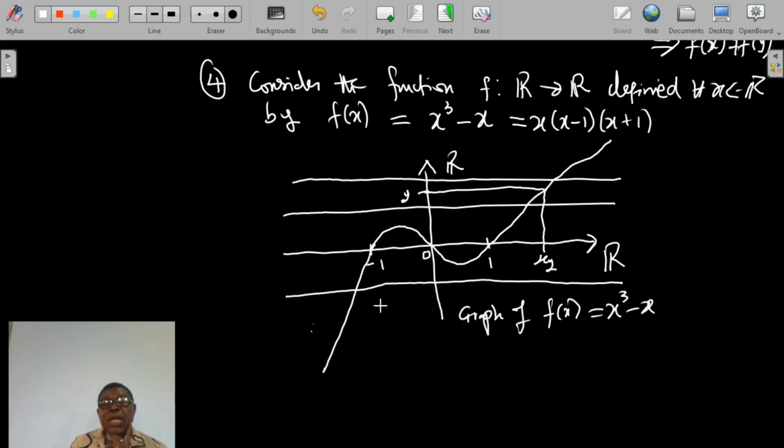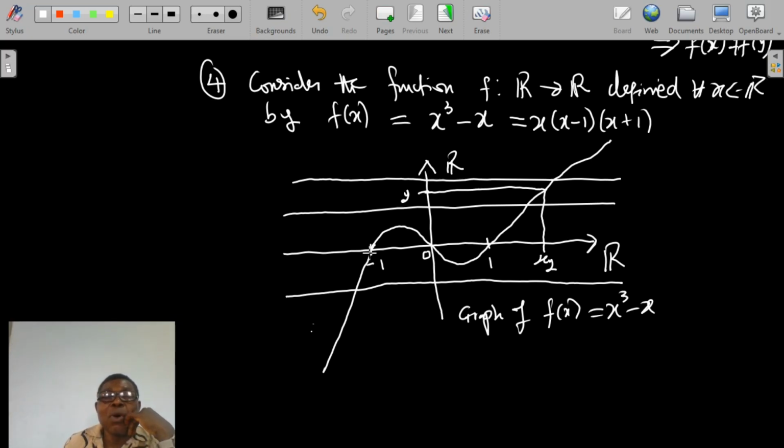But it is an onto function, not a one-to-one function. It is not one-to-one because there is a horizontal line that the curve cuts at more than one point. Cutting a horizontal line at more than one point means that there are points on the domain space that have the same image, meaning that some distinct points are mapped to the same image.